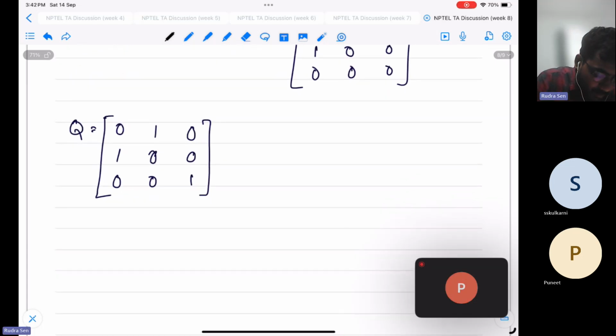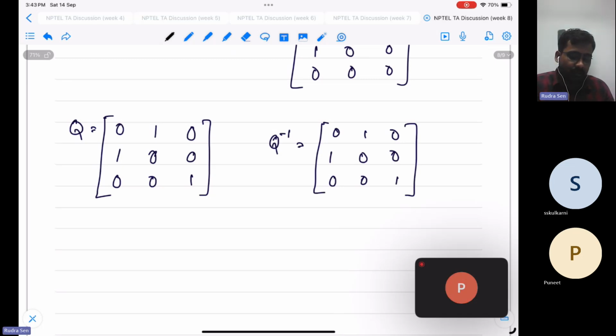Okay. So now we find the Q inverse. So it is 0 1 0, 1 0 0, 0 0 1.